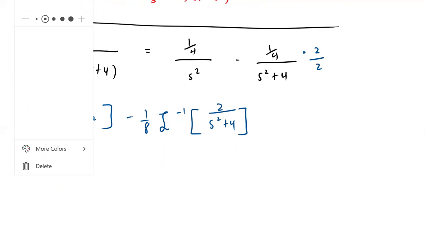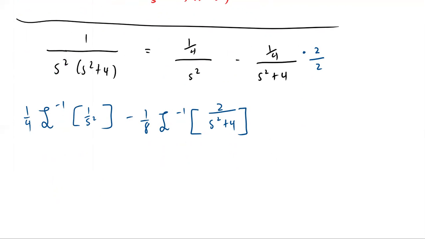So putting it all together, we get that f of t, which we were looking for, is 1/4 times t, the Laplace inverse of 1 over s squared, minus 1/8 times sine of 2t, the Laplace inverse of 2 over s squared plus 4.